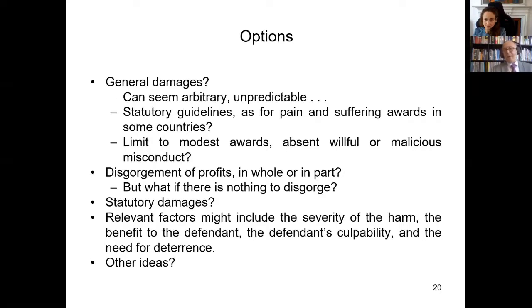So maybe at the end of the day, my conclusion will be that there really should not be any substantial difference between infringements of personal rights, such as defamation or moral rights, and these economic intellectual property rights, that plaintiffs should be entitled to full compensation for all of them.